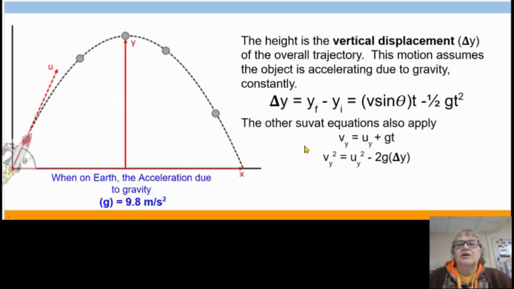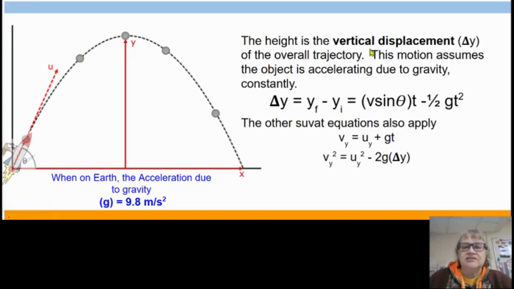The height is the vertical displacement of the overall trajectory. Last time, the height was where it was being fired from, like how high up. Well, now you can fire it from the ground, and it can go up into the air and then back down.